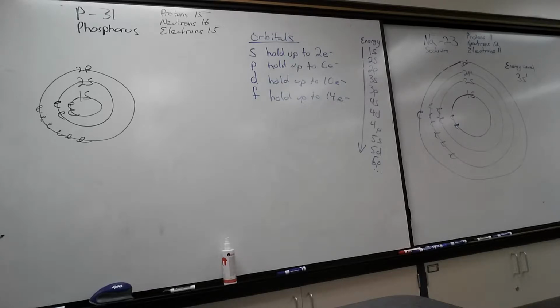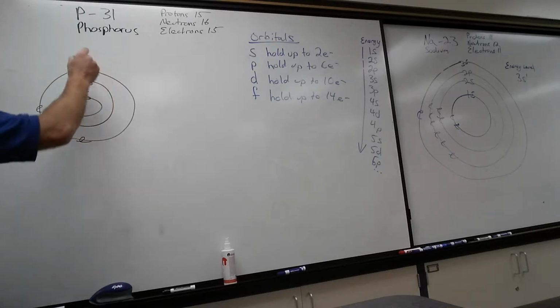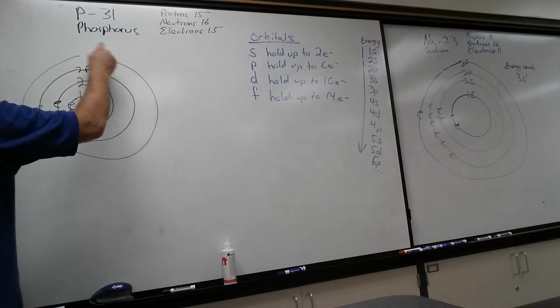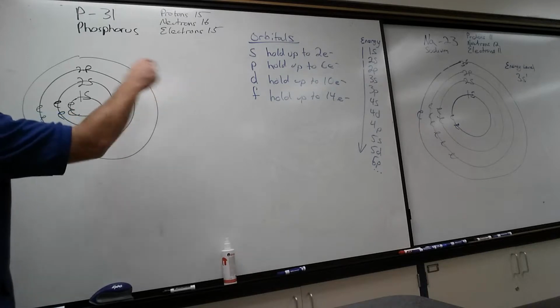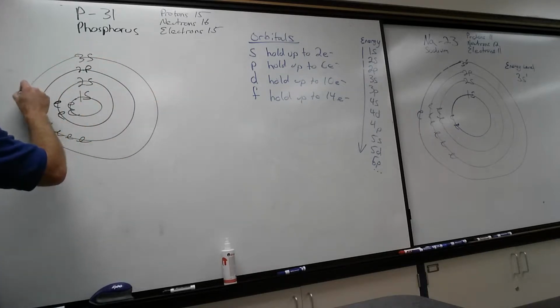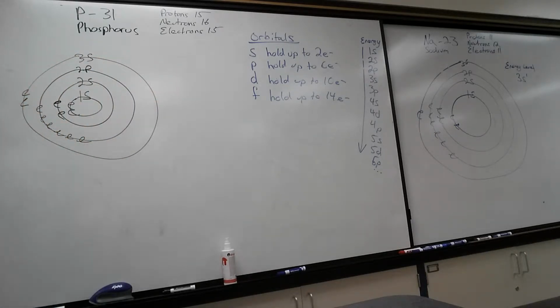That gives me a total of 10. I need how many more? 5 more. 1s, 2s, 2p. What's after 2p? 3s, that can hold up to 2. So now I'm at 12.